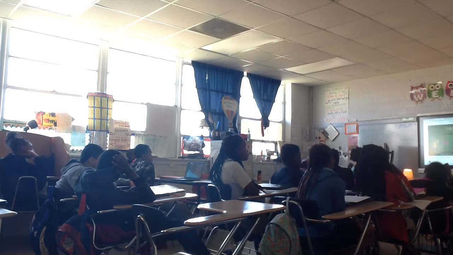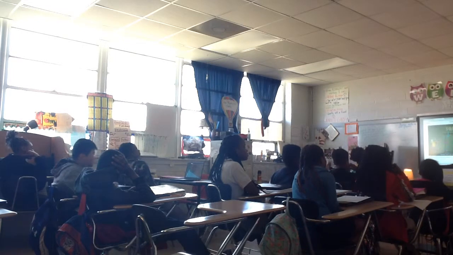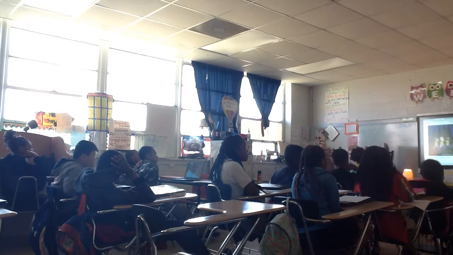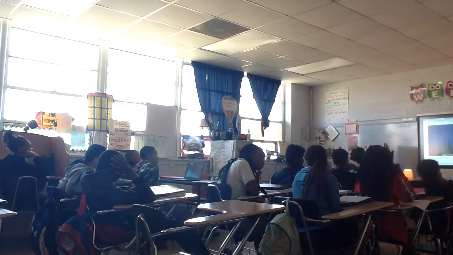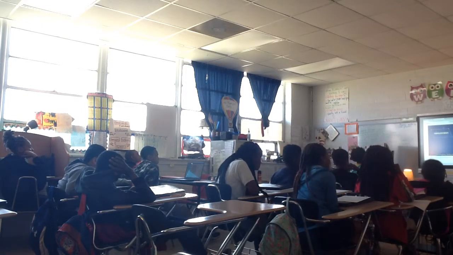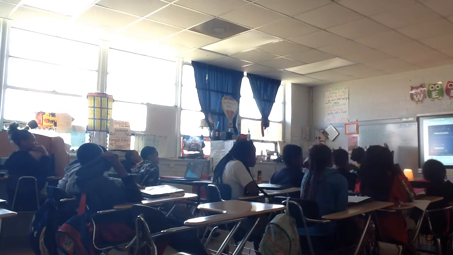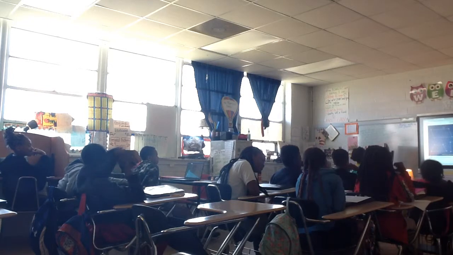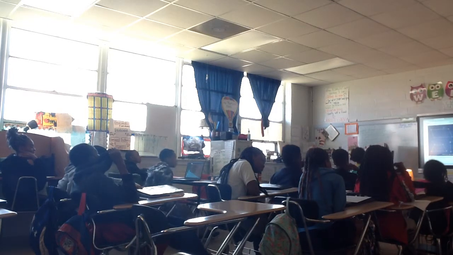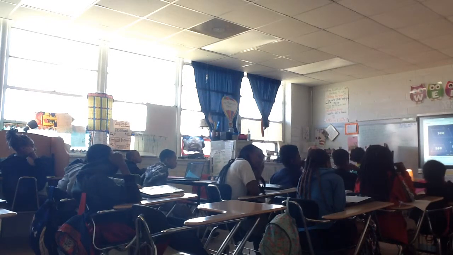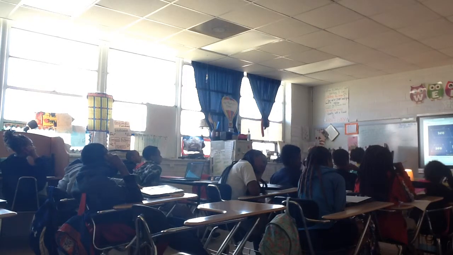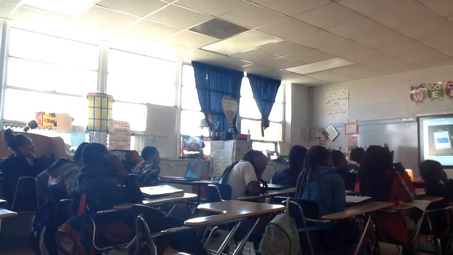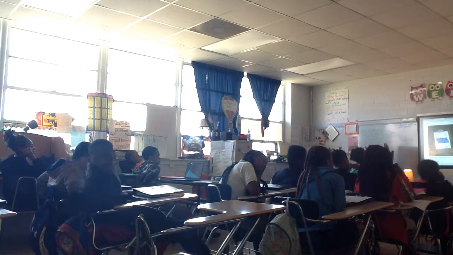Squares have 4 equal sides and 4 right angles. Quadrilaterals have 4 sides and 4 angles. Parallelograms, rhombus, trapezoids, squares and rectangles. And if you add the angles inside each of these, there will be 360 degrees. Parallelograms have 2 sets of parallel lines.